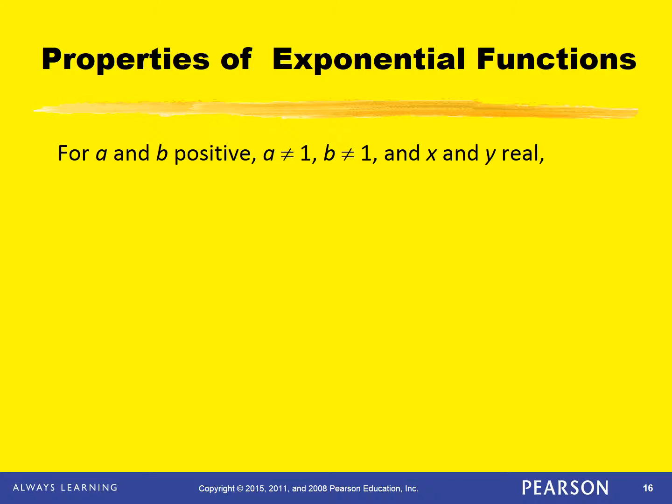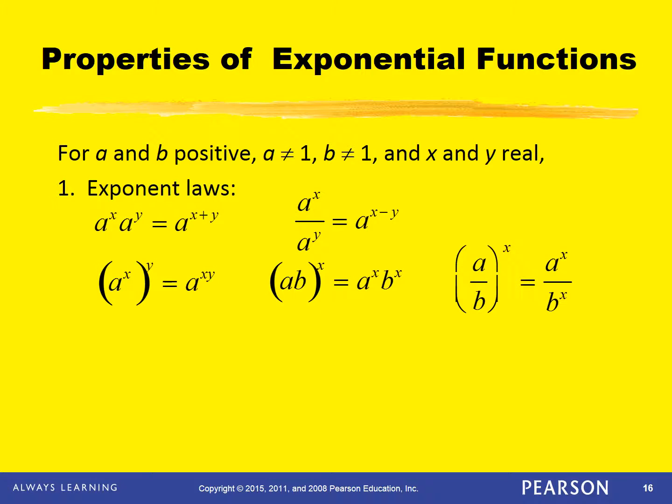Properties of exponential functions. For a and b positive, a not equal to 1 and b not equal to 1, and we're just dealing with real numbers here, we have all of these old laws of exponents. Okay, we've talked about this one, the power of a power rule.